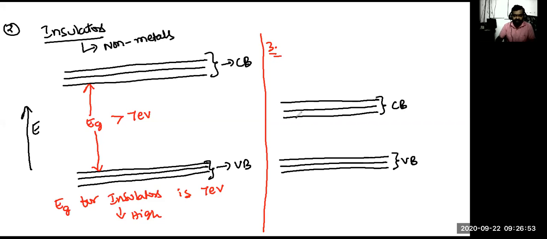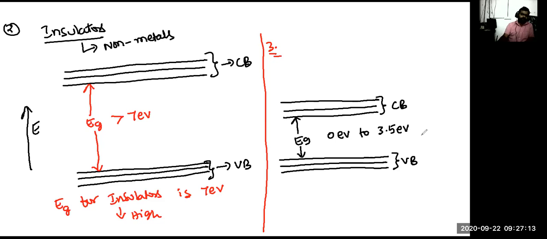Then this Eg lies from 0 electron volt to approximately 3.5 electron volt.